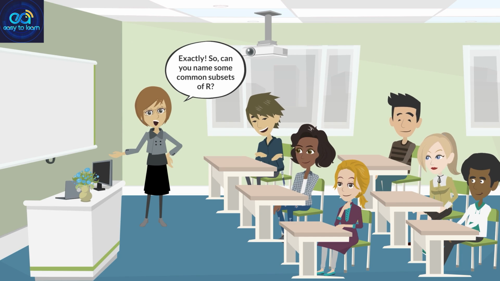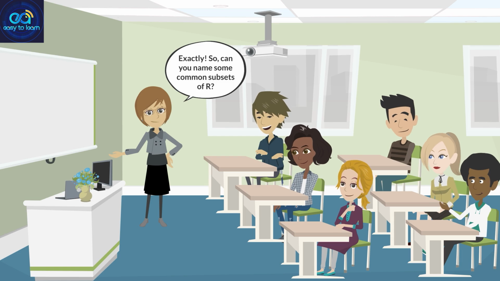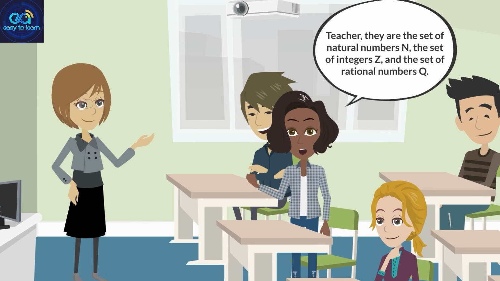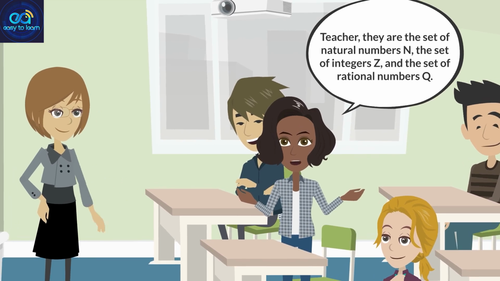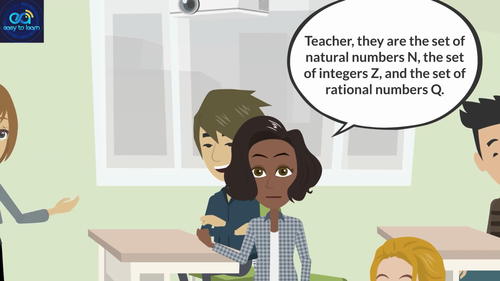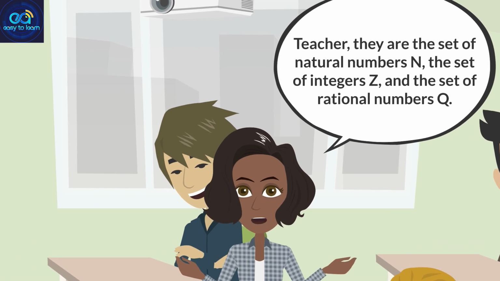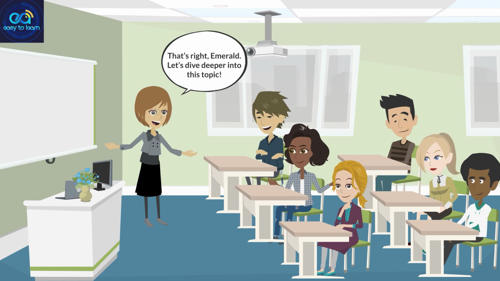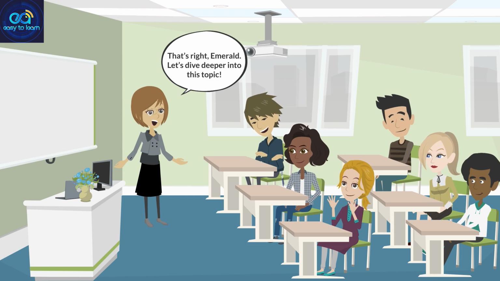So, can you name some common subsets of real numbers? Emerald: Teacher, they are the set of natural numbers N, the set of integers Z, and the set of rational numbers Q. That's right, Emerald. Let's dive deeper into this topic.